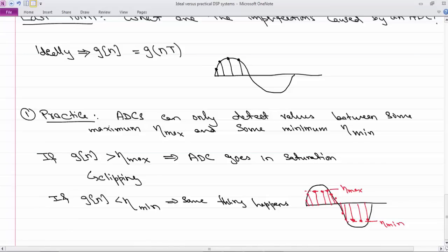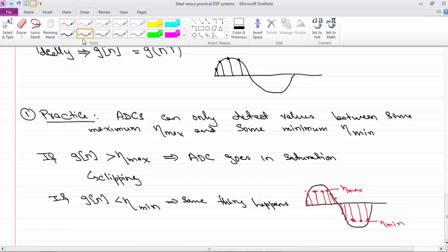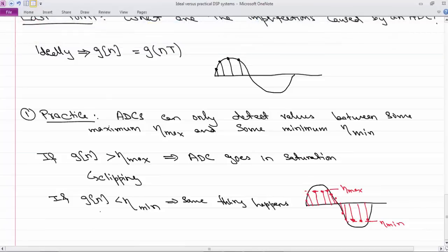So if you look at ADC data sheets, they actually limit the maximum value of the ADC and the minimum value of the ADC. And the difference between the maximum and the minimum, eta max minus eta min, let's call it R, this is called the dynamic range of an ADC.